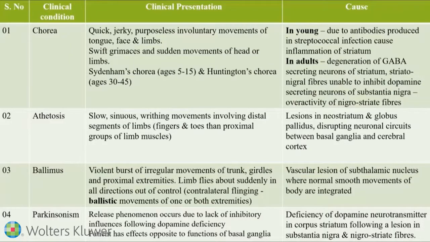In athetosis, the cause is lesions in neostriatum and globus pallidus, disrupting the connections between basal ganglia and cerebral cortex. Ballismus is a vascular lesion of subthalamic nucleus. Parkinsonism is due to a deficiency of dopamine neurotransmitter in corpus striatum, following a lesion in substantia nigra and nigrostriate fibers. So that's a quick look at the clinical conditions, how they present in patients, and what is the etiology or cause.